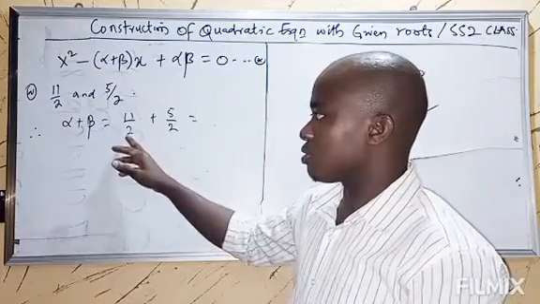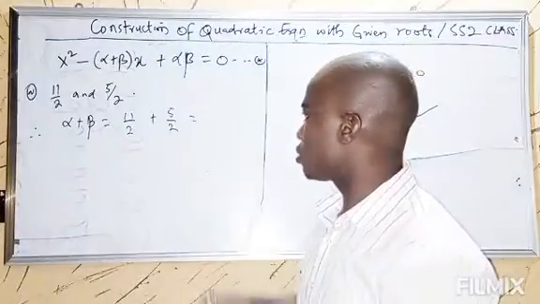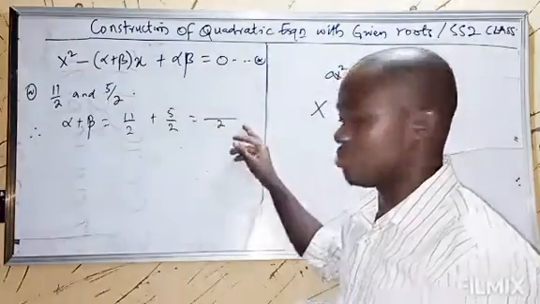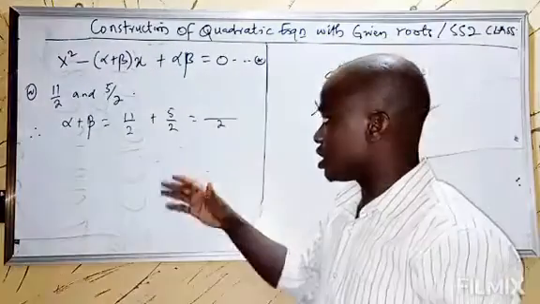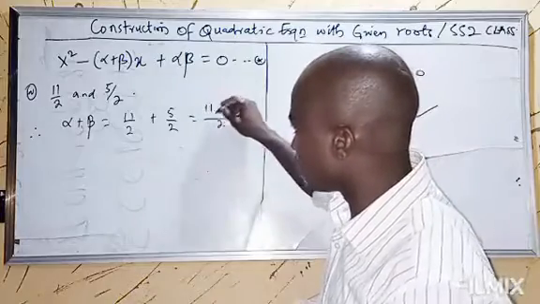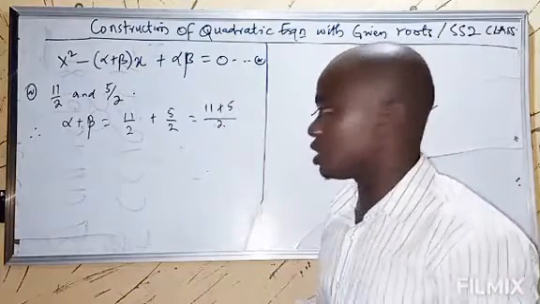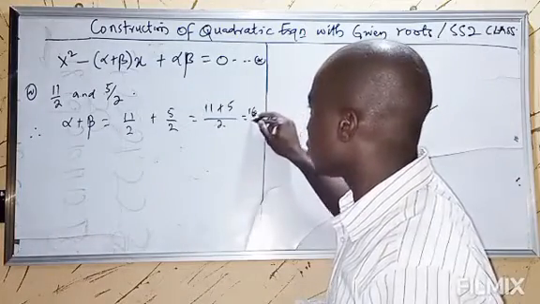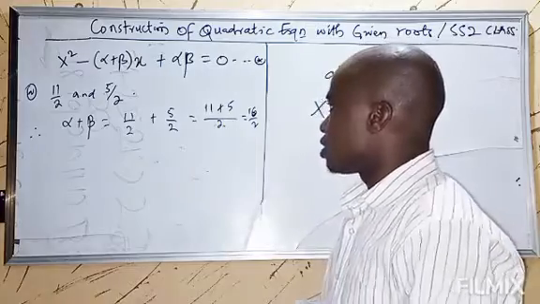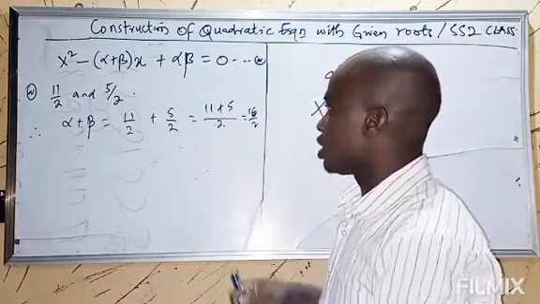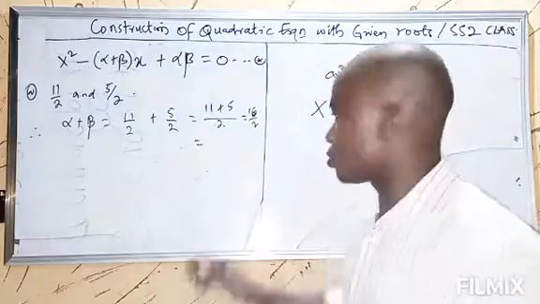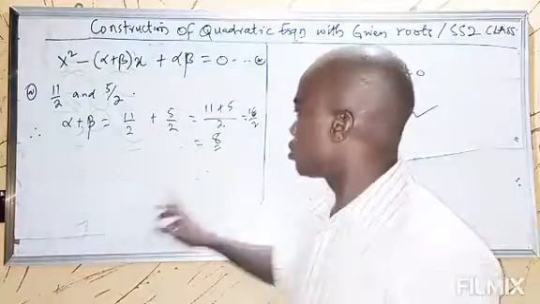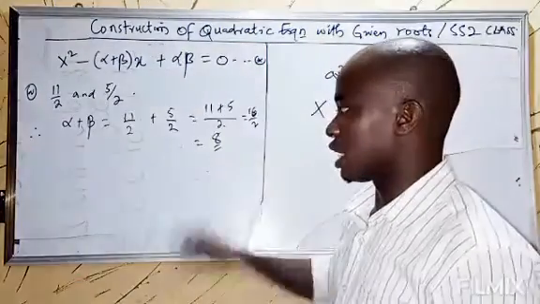For the fact that we have the same denominator, you keep the common denominator, then you have 11 plus 5. So the final answer is 16 over 2, since 11 plus 5 is 16 over 2. Then 16 over 2 is the same thing as 8. So the sum of the roots resulted to 8.